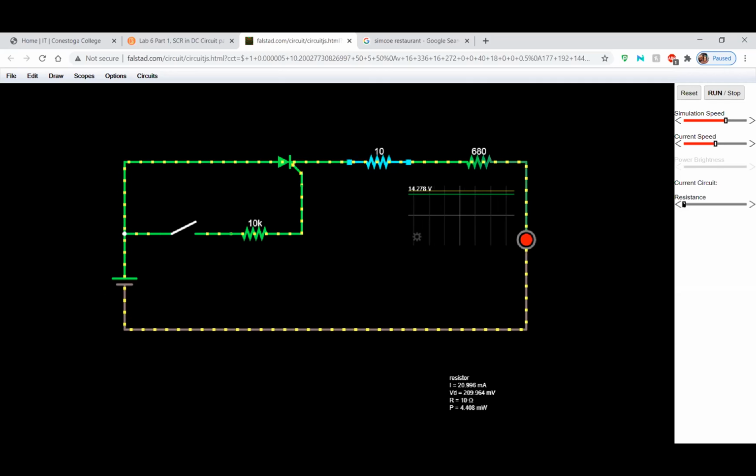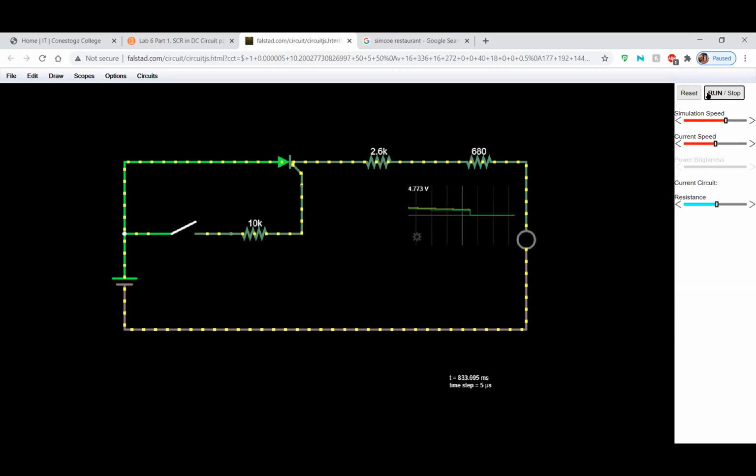As soon as I start to increase my resistance, you can see that, yes, indeed, when this resistance goes up, the voltage starts to go down, and also the current.